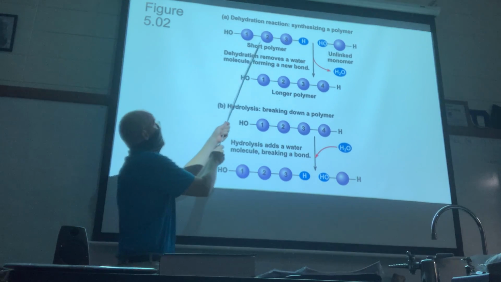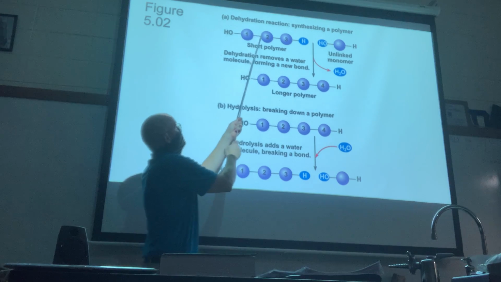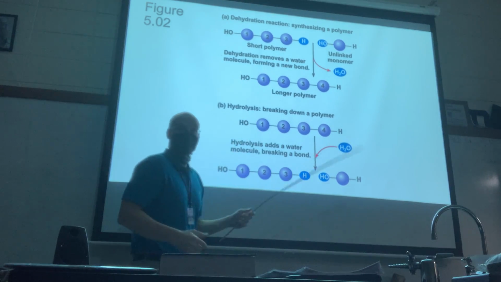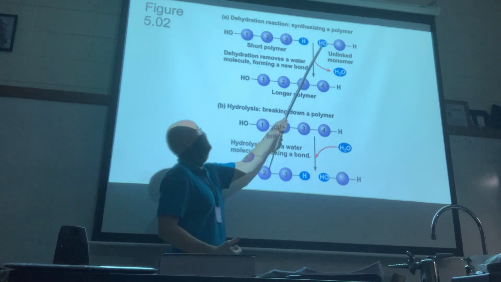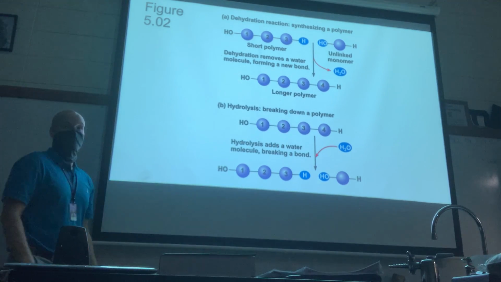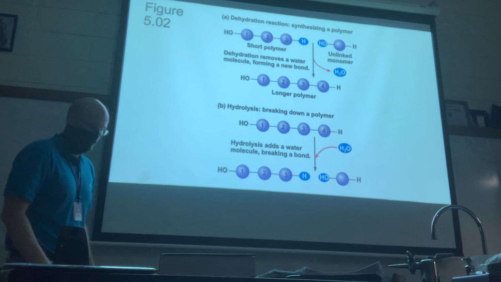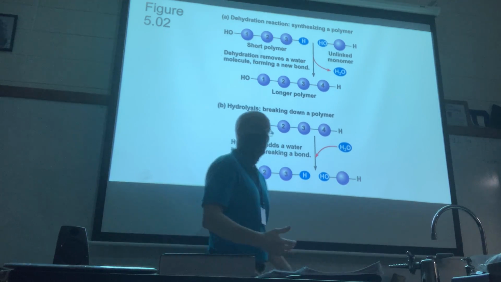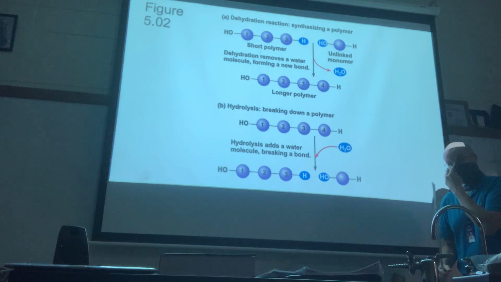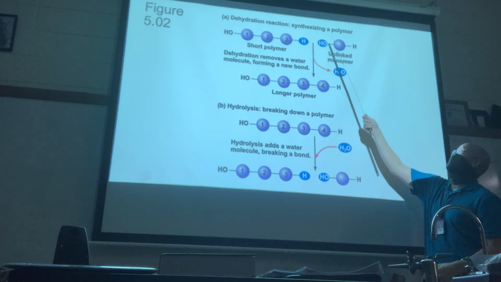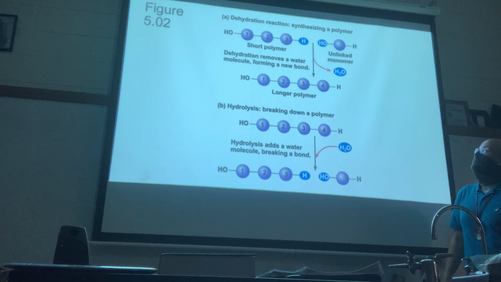So our chain, our polymer of 1, 2, 3 monomers, can add a fourth one on by simply removing the water, which is why we call it a dehydration reaction, because you just remove water. It's a loss of water, or a loss of a water's worth of atoms.